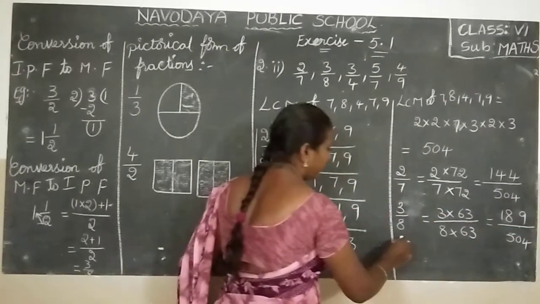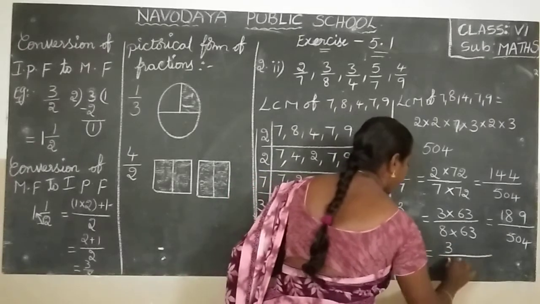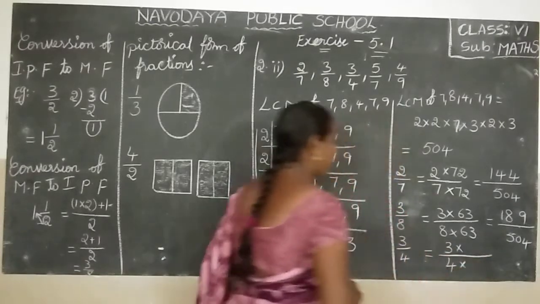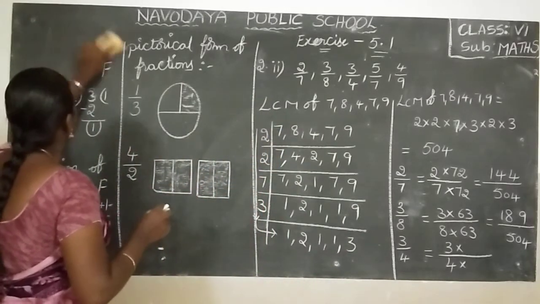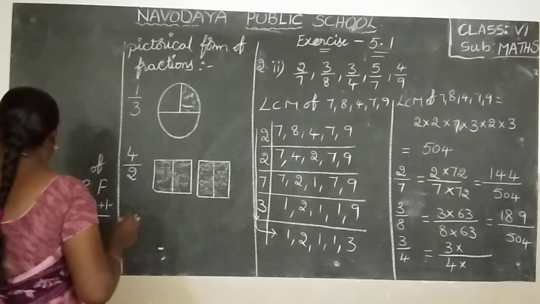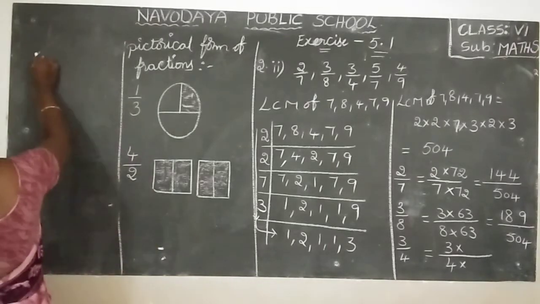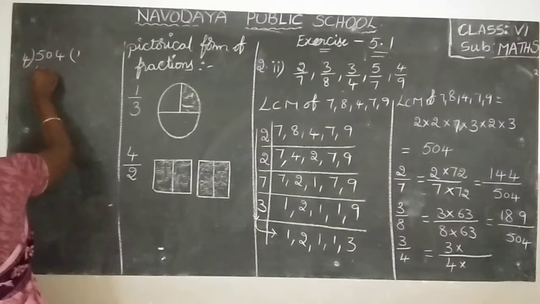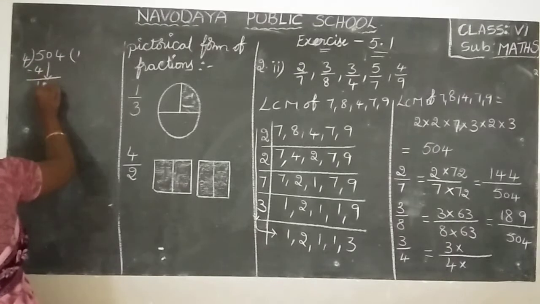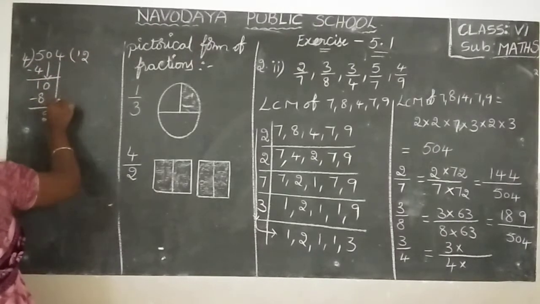Next, take the next fraction, 3 by 4. We have to divide 504 by 4. So 1 time 4, minus 1, 0. 2 times 8, 2, 4.